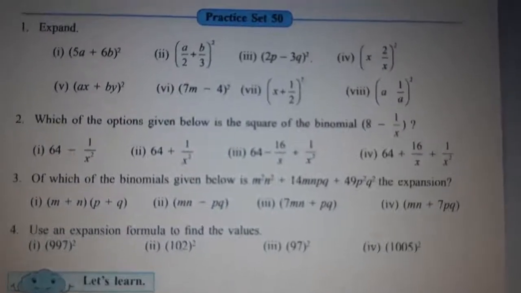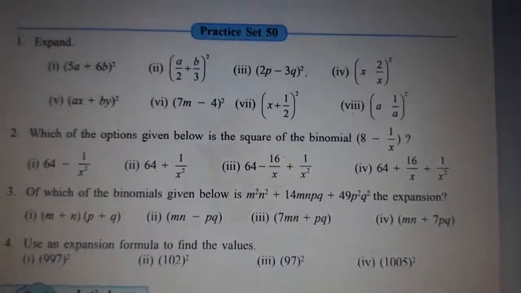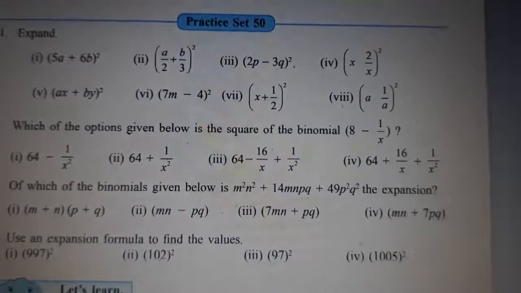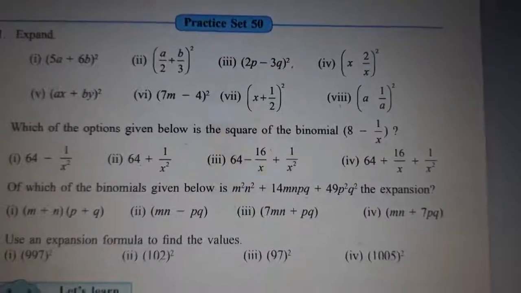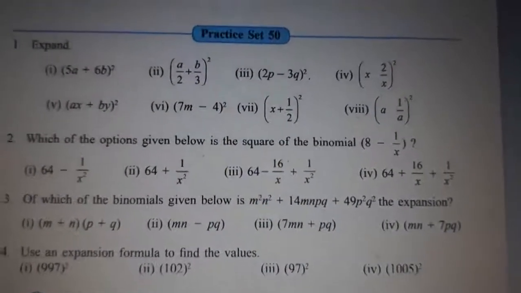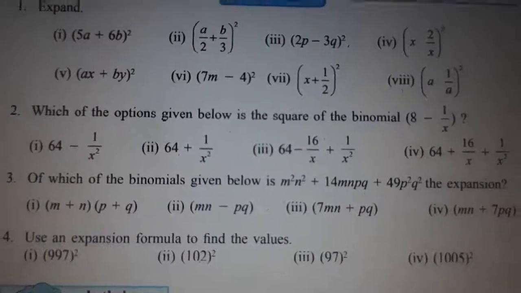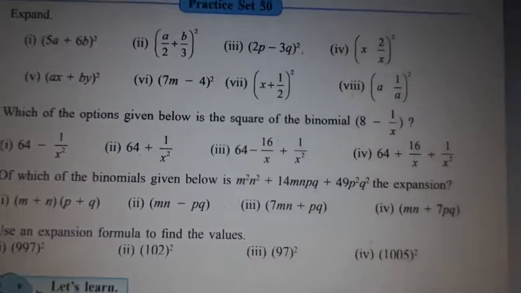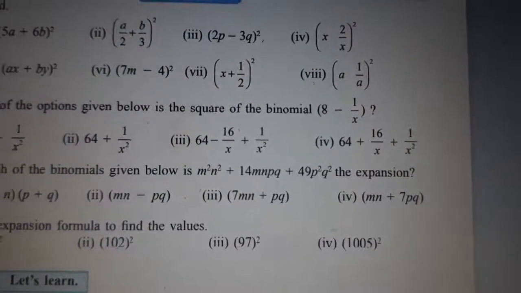Third question: which of the binomials given below has the expansion m square n square plus 14 mn pq plus 49 p square q square? There are some options given to us. First one is (m + n)(p + q), second (mn - pq), third (7mn + pq), fourth (mn + 7pq).